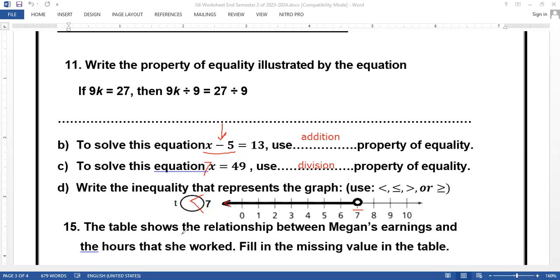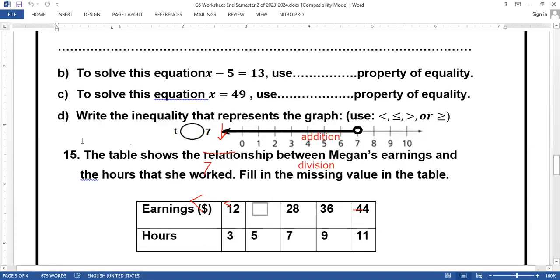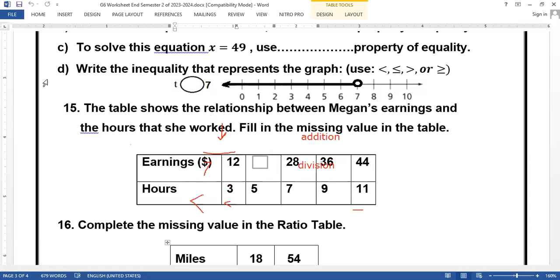The table shows the relationship between Megan's earnings and the hours that she works. Fill in the missing value in the table. Question 15. Here: 12, 3.